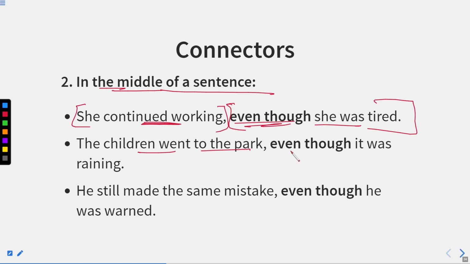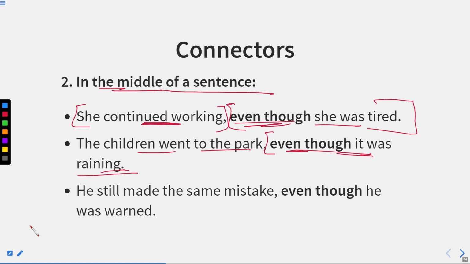The children went to the park even though it was raining. So again, this subordinate clause has been shifted to after the main clause. It is showing the adverse situation, whereas in the main clause we can see the positive outcome of it.